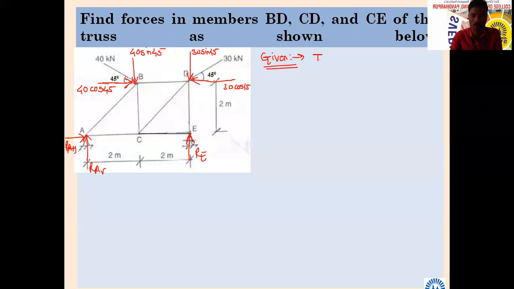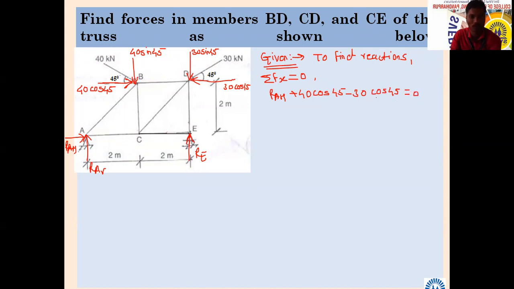First apply, to find reactions, summation Fx equal to 0. What will that be? Let us see. RAH plus 40 cos 45 minus 30 cos 45 equal to 0.